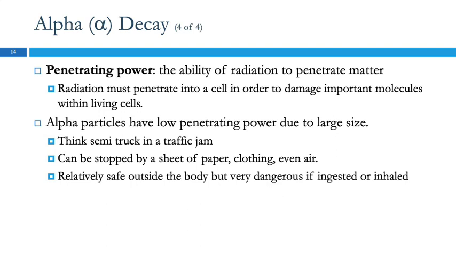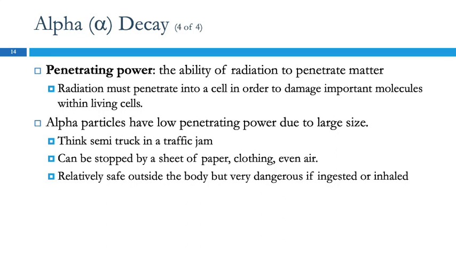Gridlock. You got a semi-truck in there. Is the semi-truck going to have trouble moving through that traffic jam? Heck yeah. Real tough to switch lanes. He's just kind of stuck, right? The big, bulky guy. So penetrating power is the ability of radiation to penetrate matter, to go through matter.